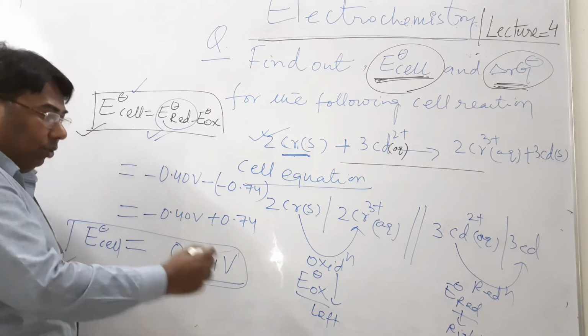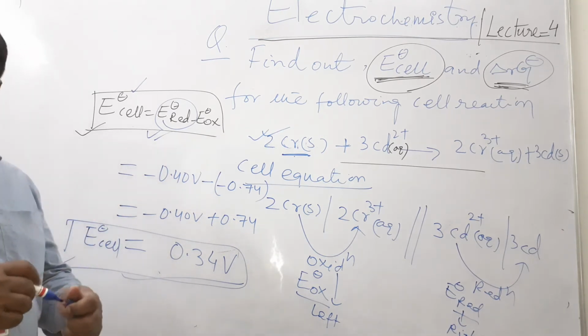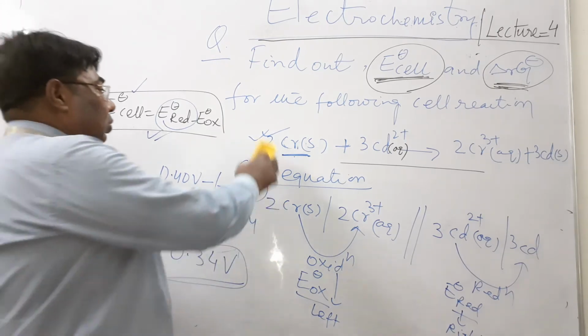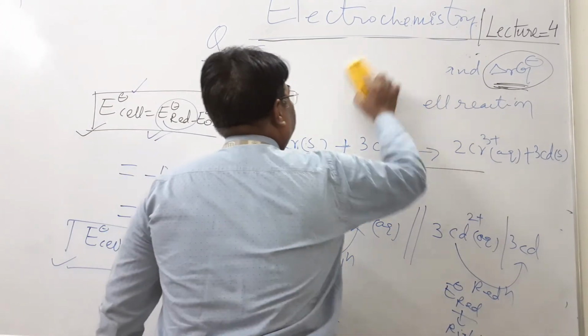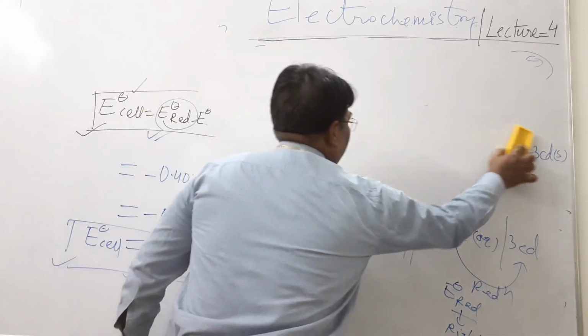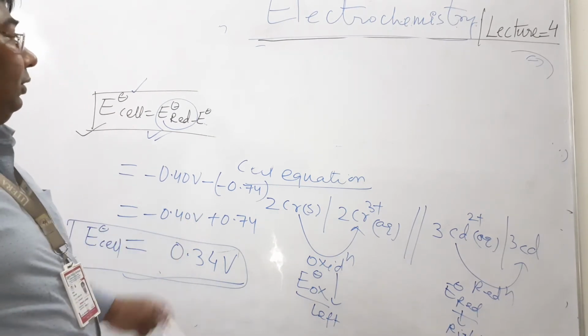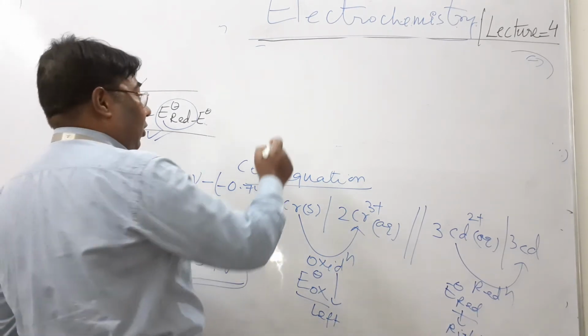Then you find the value of E naught cell, and when you have it, you find the standard Gibbs free energy. The formula was already discussed in the previous lecture, and I think all of you remember it.